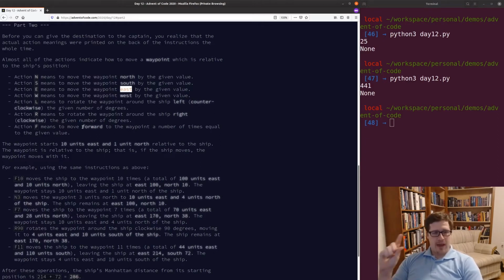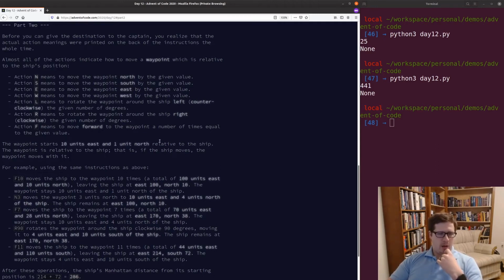So we're going to have our position, and we're going to have the waypoint, and we need to move the F. F means to move forward to the waypoint a number of times equal to the given value, so a number of units. The waypoint starts 10 units east and 1 unit north.